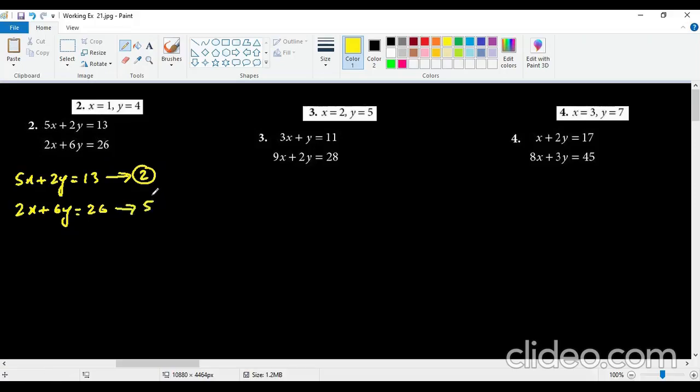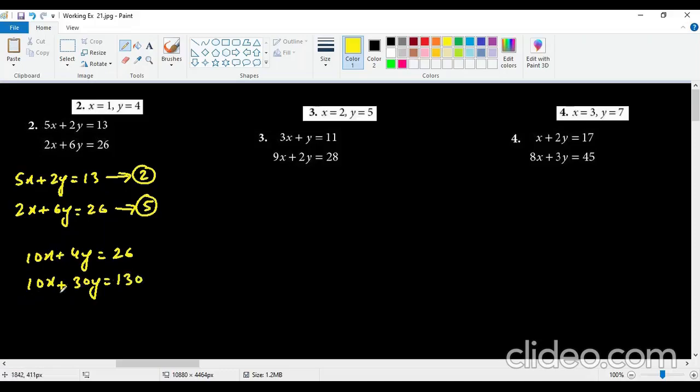So the x values are going to be equal. This is going to give us 10x plus 4y equals 26. And the second equation becomes 5 times 2 is 10x, plus 5 times 6 is 30y, and 26 times 5 is going to give us 130.